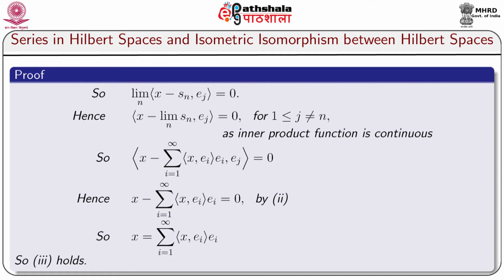So, inner product x minus sigma i equal to 1 to infinity inner product x comma ei into ei comma ej equal to 0. Hence, x equal to sigma i equal to 1 to infinity inner product x comma ei into ei. This follows by equation number 2. So, 3 holds.